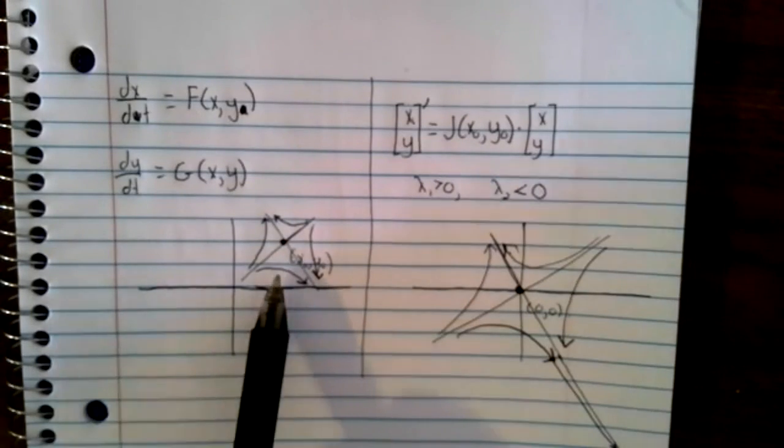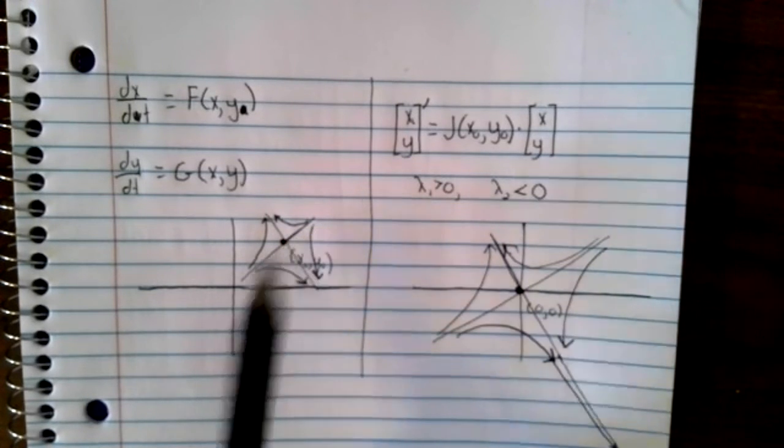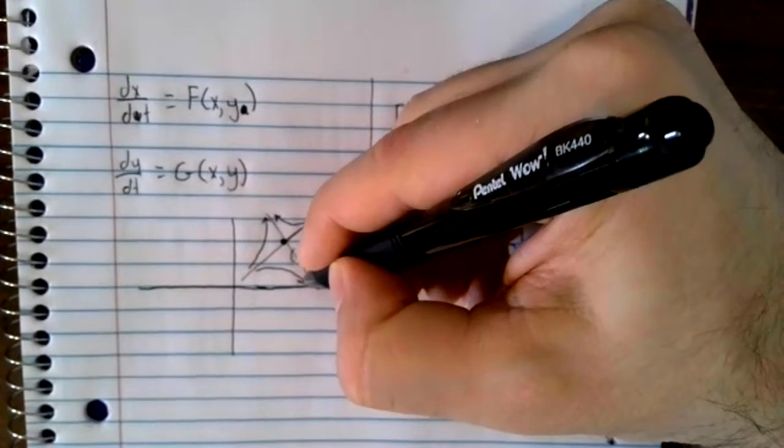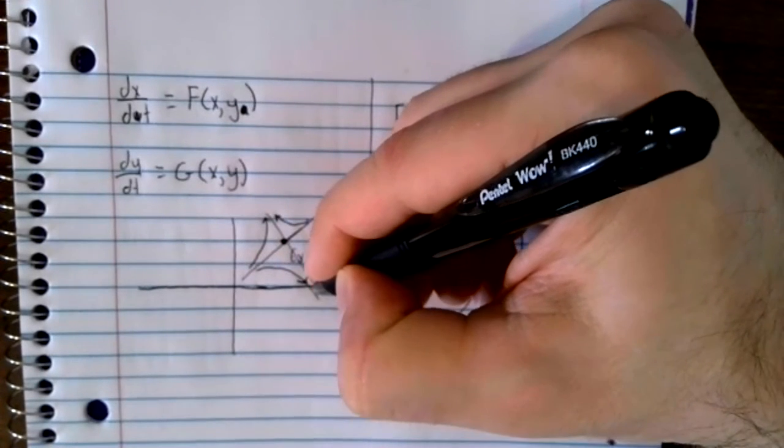This only tells you what happens near the fixed point. Once we get away from it, who knows what happens?